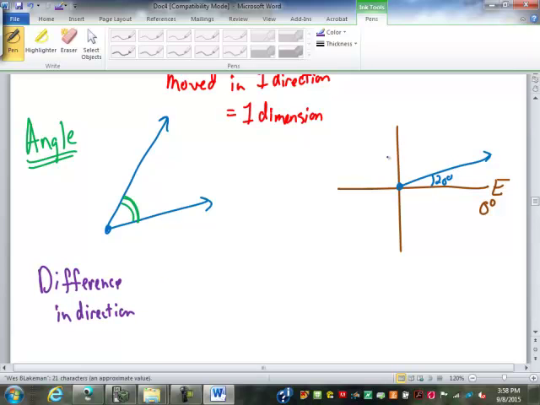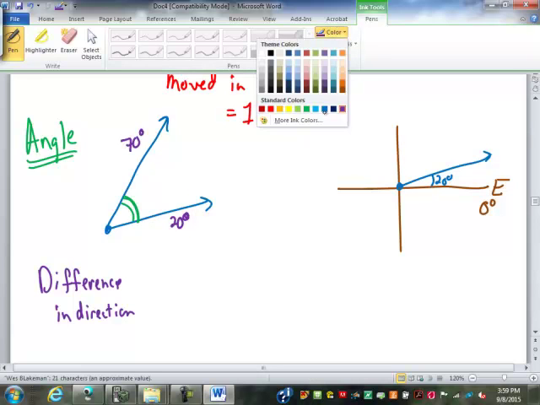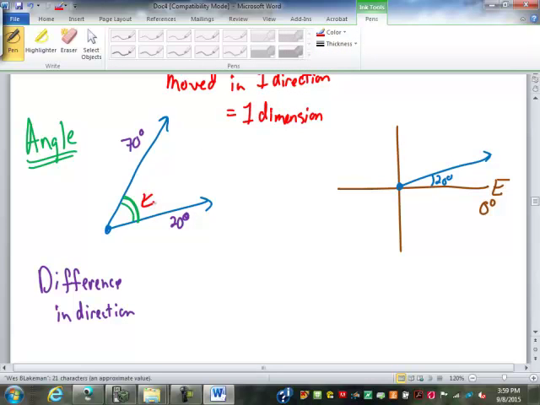So let's say, just like over here, let's say this is the 20-degree direction for this ray here from the 0 point. Let's say this ray up here is at the 70-degree direction. So the size of the angle in between here would be 70 degrees minus 20 degrees, or a 50-degree angle.